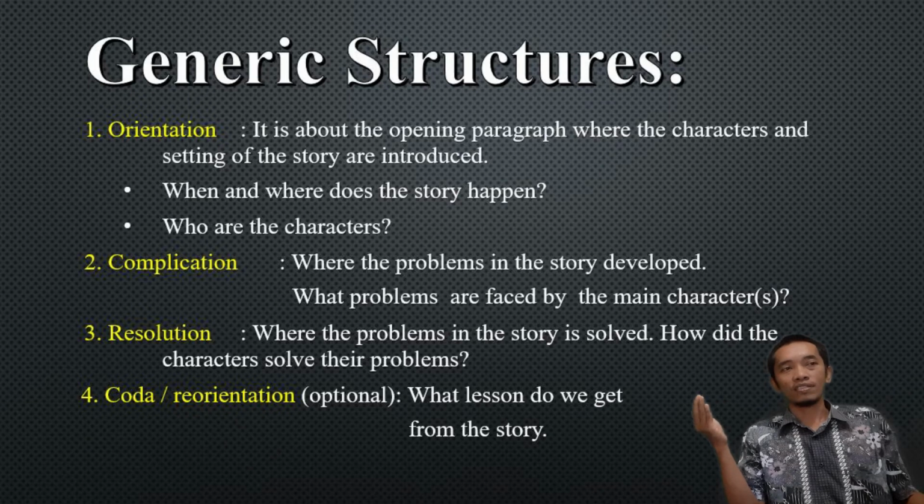Orientation tells about the opening of the paragraph, where the characters and the time and place setting are introduced. We can answer these questions to make an orientation of the narrative text. When and where does the story happen or take place? Second, who are the characters?